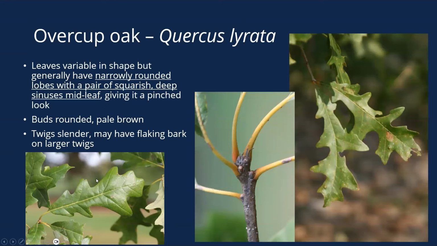So that is not always there and not always super evident, but it is fairly consistent and a characteristic that you can use to separate this from white oak in an area where they might be growing together. And usually they don't grow together, right? This is way wet. White oak's more dry. Twigs are slender. They may have flaking bark on the larger twigs.